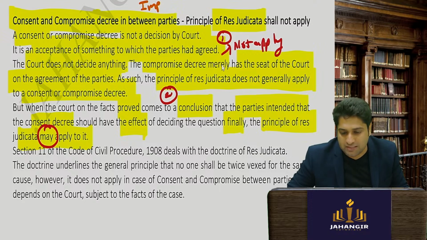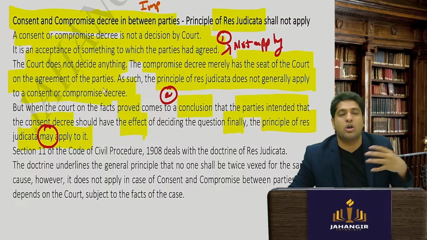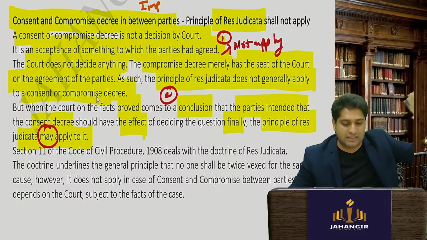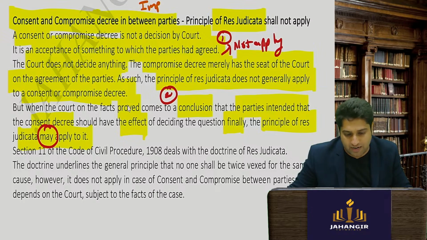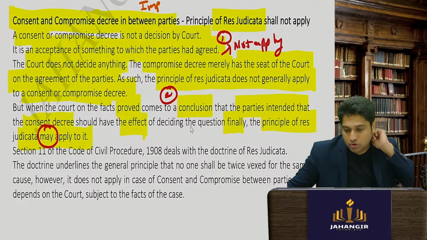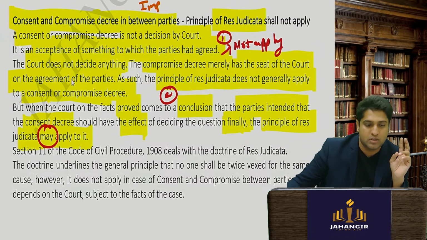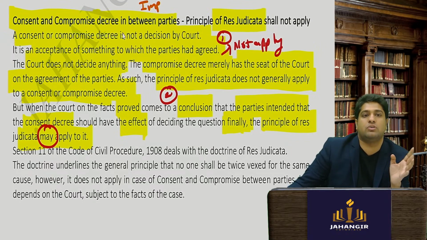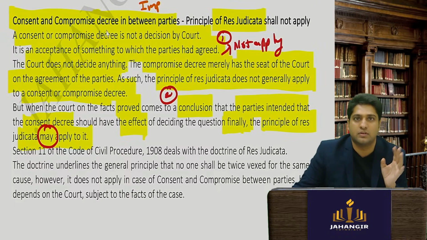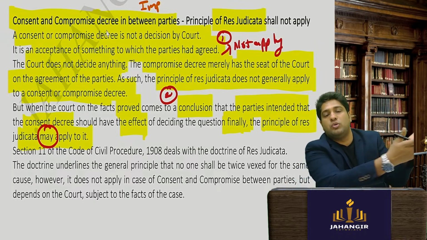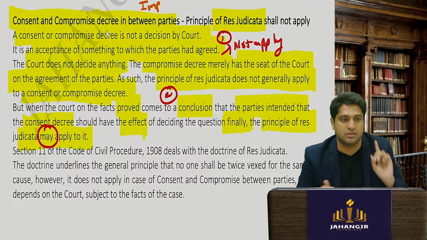The compromise merely sets the seal for the court, as the principle of res judicata does not apply to a compromise or a decree made by the parties. But where the court on the facts proved comes to a conclusion that the parties intended that the consent decree should have the effect of finally deciding this, res judicata may apply. So what they are saying, a consent or compromise decree is not a decision by the court. Court has not decided. You both only have made an out of court settlement first.